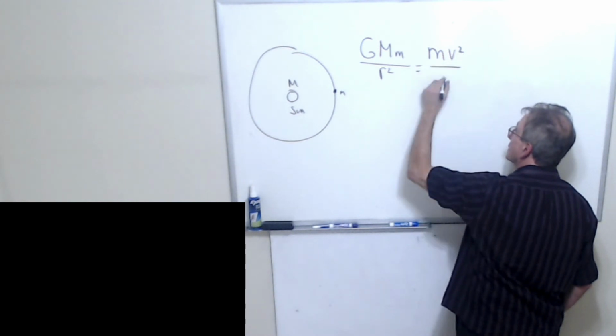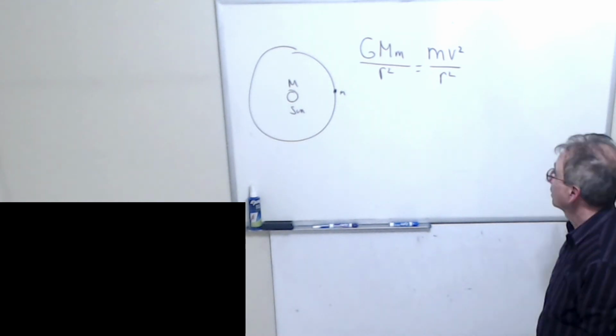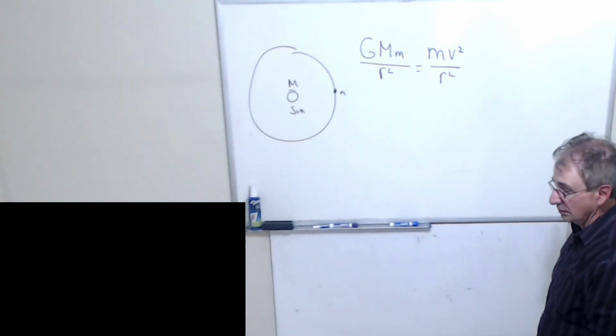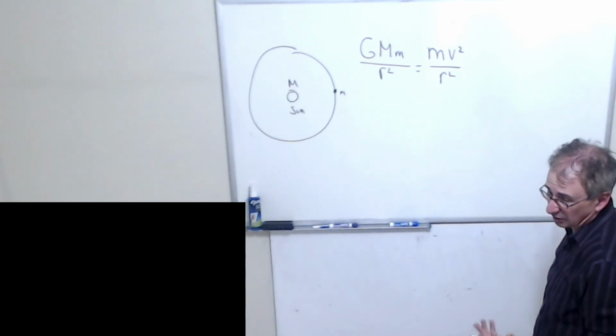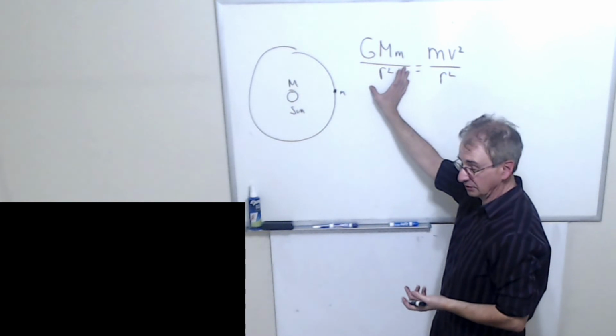It's producing acceleration in a circle, and we can write our equation. We're basically applying Newton's second law. This is our ma from Newton's second law, and then this is the gravitational force of attraction.